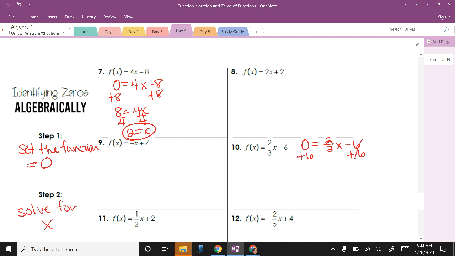What's 0 plus 6? So 6 equals 2/3 x. How do I get rid of 2/3? Now I multiply both sides by the reciprocal, 3 over 2. Those cancel. Put 6 over 1. Can I reduce diagonally? That becomes a 1 and that becomes a 3. And 3 times 3 is 9. So that one's going to cross the x-axis at 9.